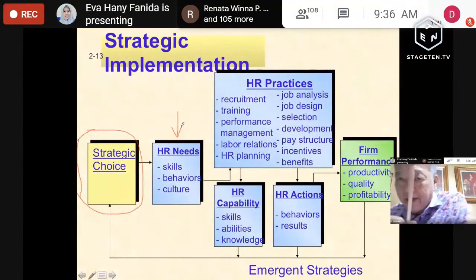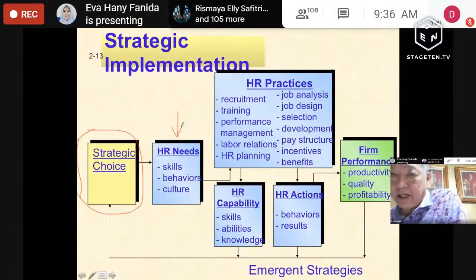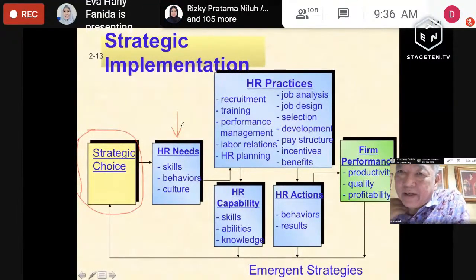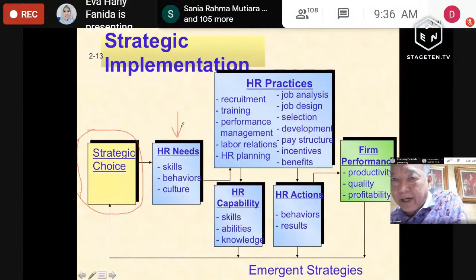First of all, when we know the strategy of the company, I would like to say organization or company, because this is the private sector. So for the strategic choice of the company, what kind of strategy do we use?